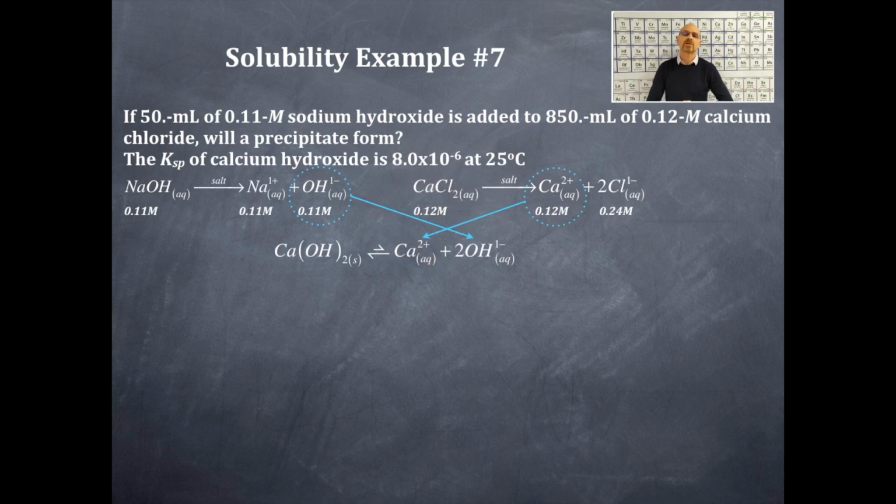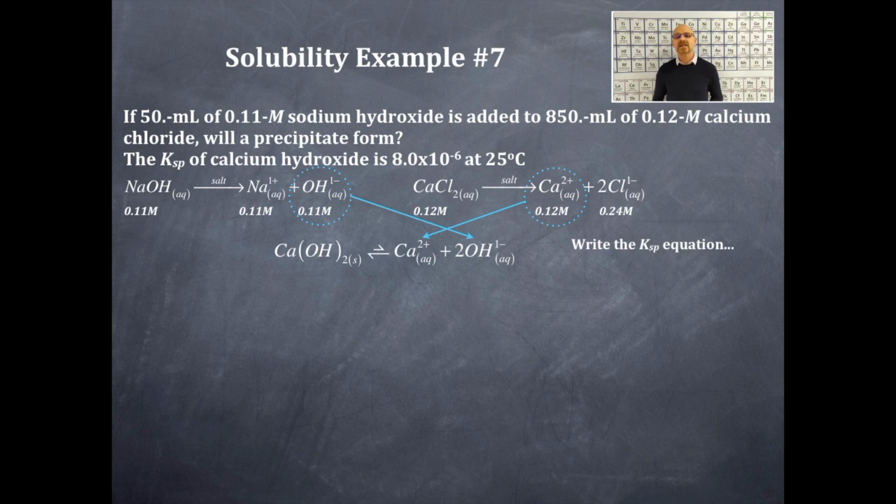These two things are going to mix together. I really do need to find the moles of both, then the volume of both, and then the molarity of both, so that I can figure out whether there's going to be a supersaturated solution and a precipitation, or saturated or unsaturated and no precipitation.